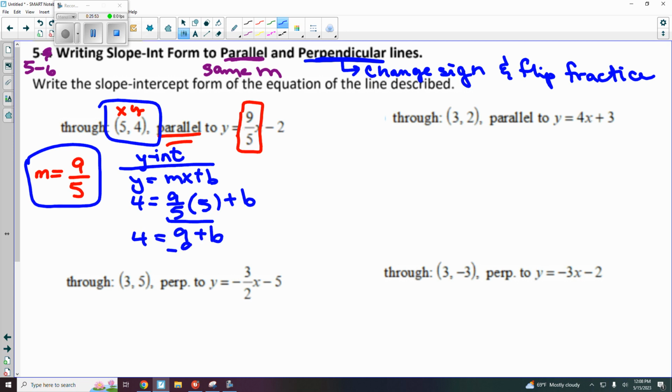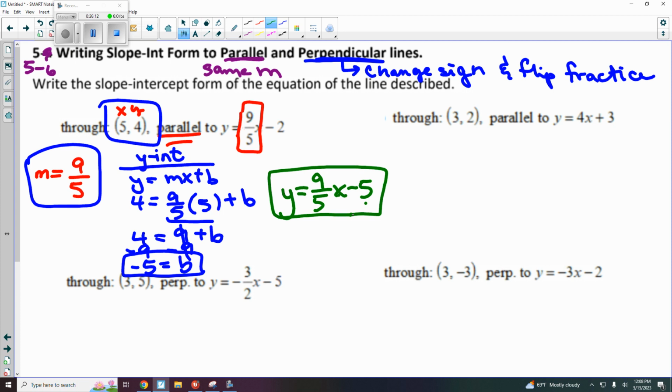Because it's a plus 9, we make it minus 9, minus 9. 4 minus 9 is negative 5, equals, 9's cancel, b. So now we have our m is 9/5, so y equals 9/5 x, and our b is a minus 5.